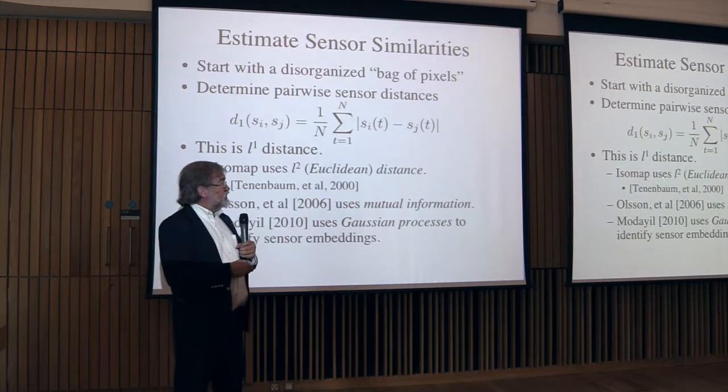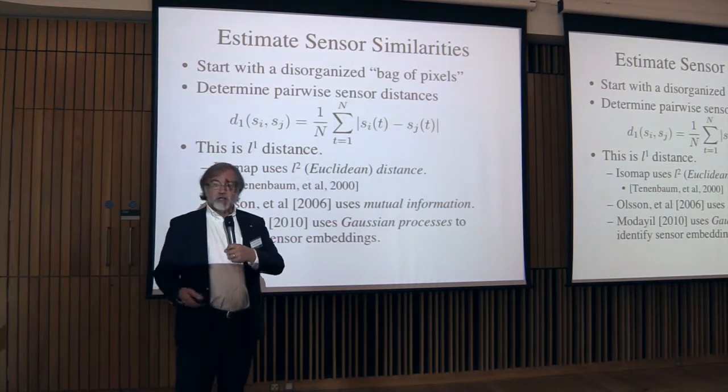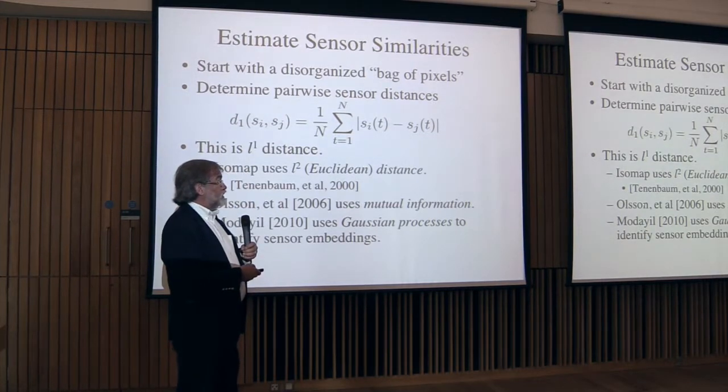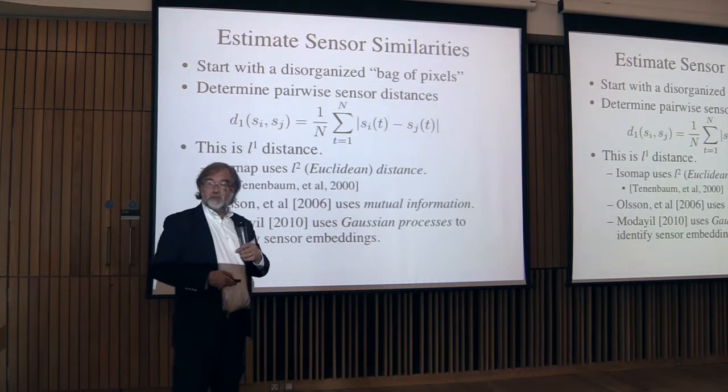That metric is actually the heart of a very influential dimensionality reduction method called Isomap. Another researcher used mutual information. One of my students used Gaussian processes for this purpose.